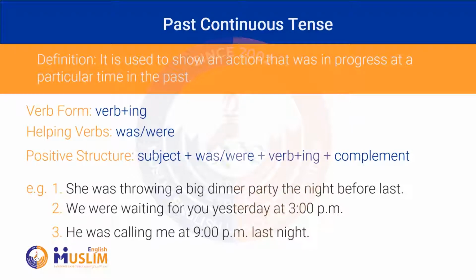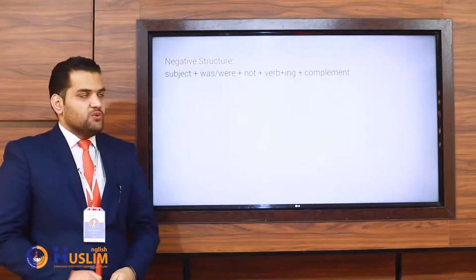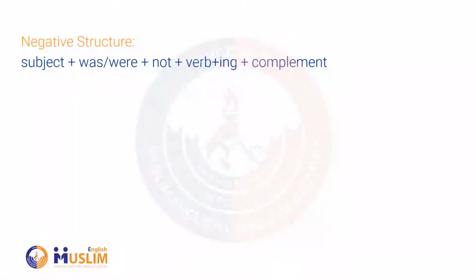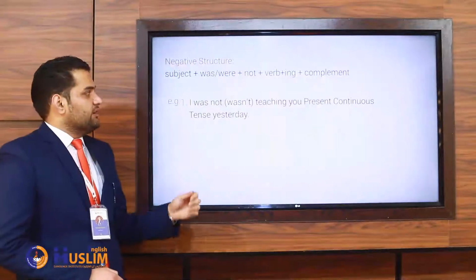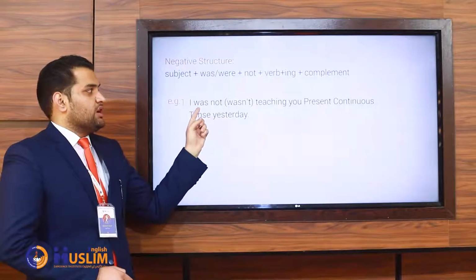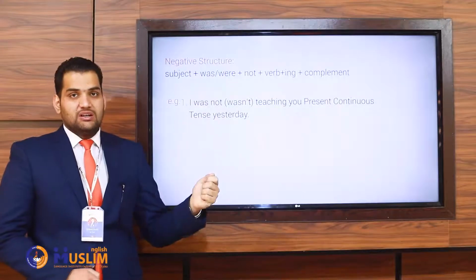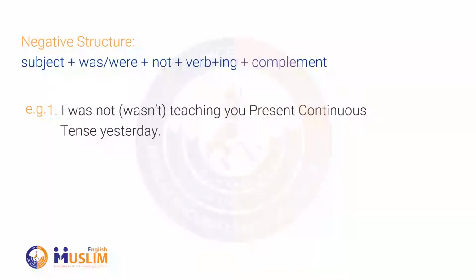Now, let's talk about its negative structure, which is subject plus was or were plus not plus verb ing plus complement. For example, I was not, remember, the contraction of was not is wasn't, and the contraction of were not is weren't. I was not or wasn't teaching you present continuous tense yesterday.